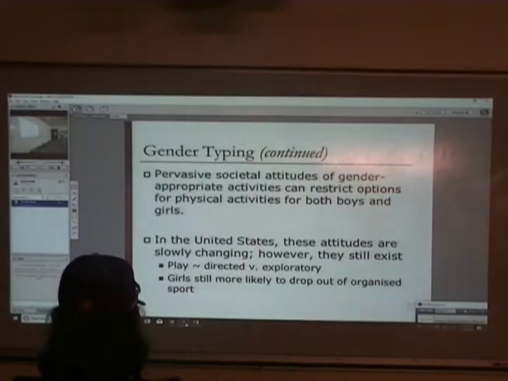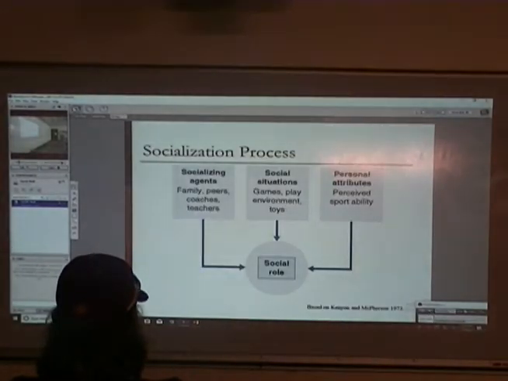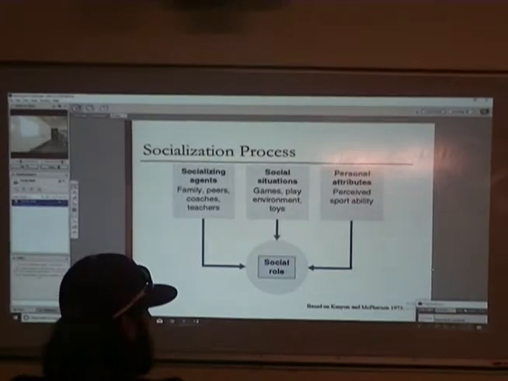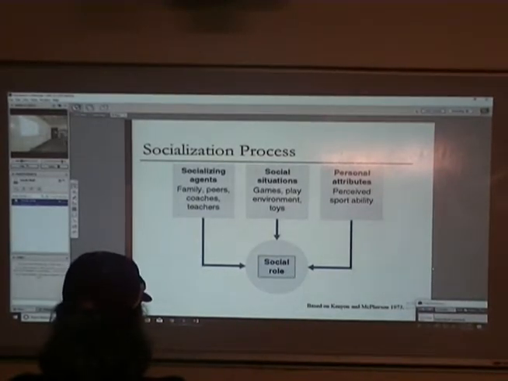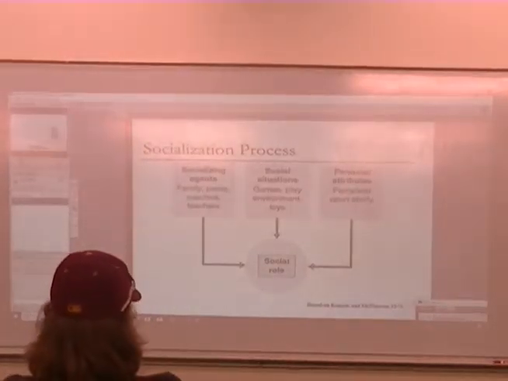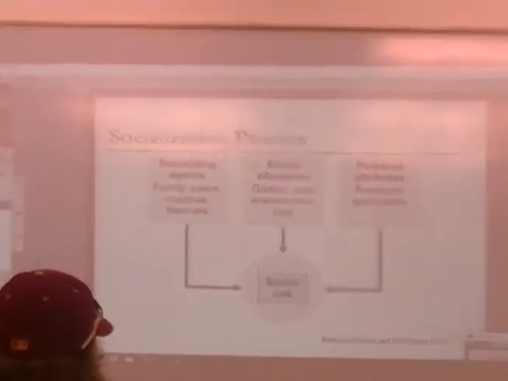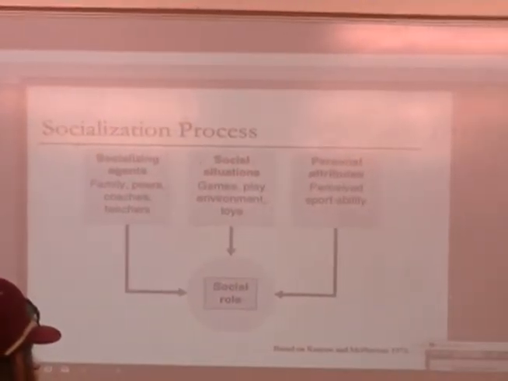All right, let's go back here now. So when we're learning our role in society, there are several models in the research, but one of the popular ones is this idea that we build our identity, our role, on these three factors.